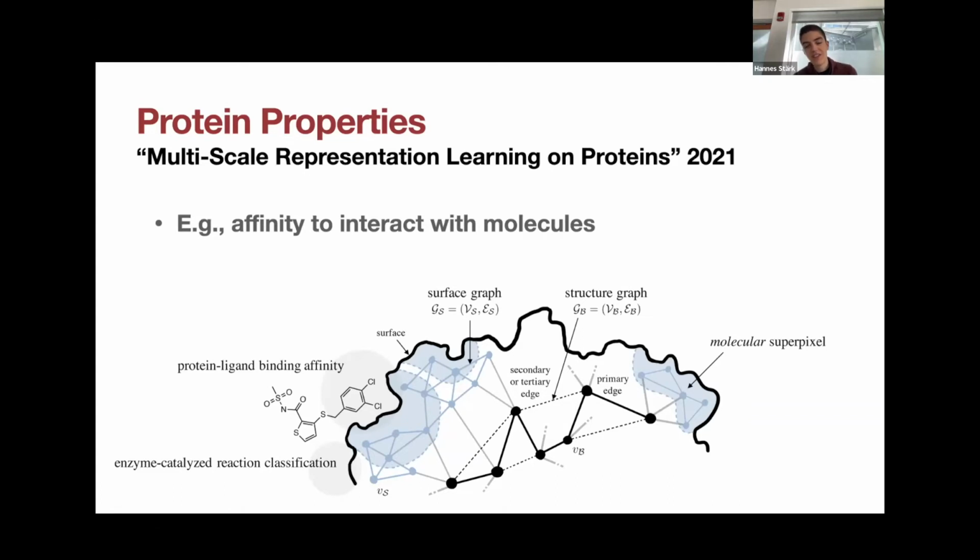And then we have this hierarchical graph, where we have the coarse graph of amino acids connected to the more fine-grained graph of atoms close to the surface. And then we can also, again, do our message passing as we described, and pool everything together and make a final prediction. Like, for example, does this protein catalyze a particular reaction?